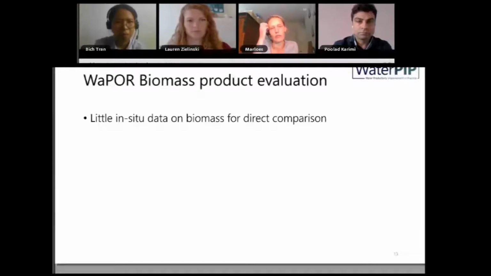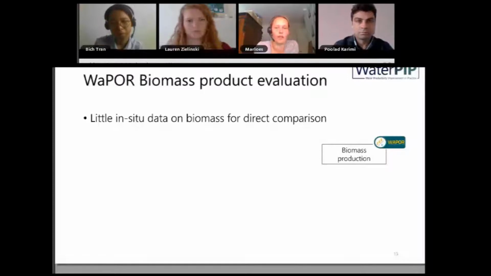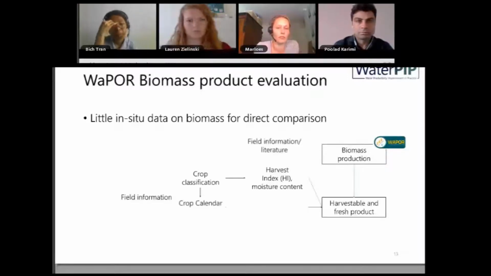So the other product that we need for the water productivity evaluation is the biomass product on the WaPOR database. Unfortunately, there's not a lot of in situ data to evaluate whether or not the database is providing good results. So we did something else. We collected the biomass production from the WaPOR database for a number of fields, a number of sites.